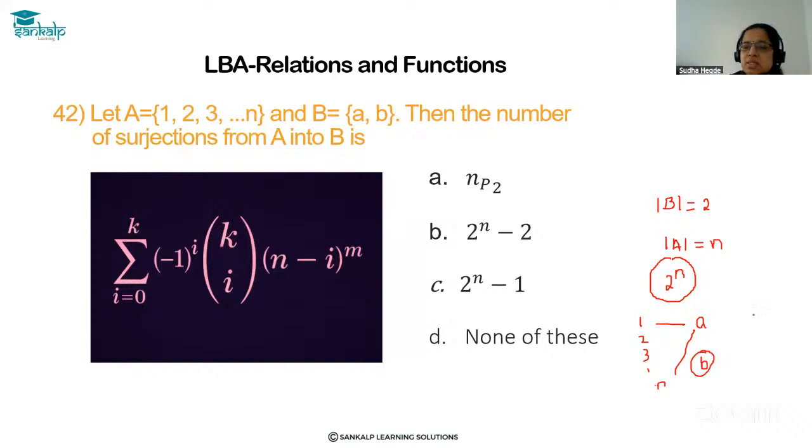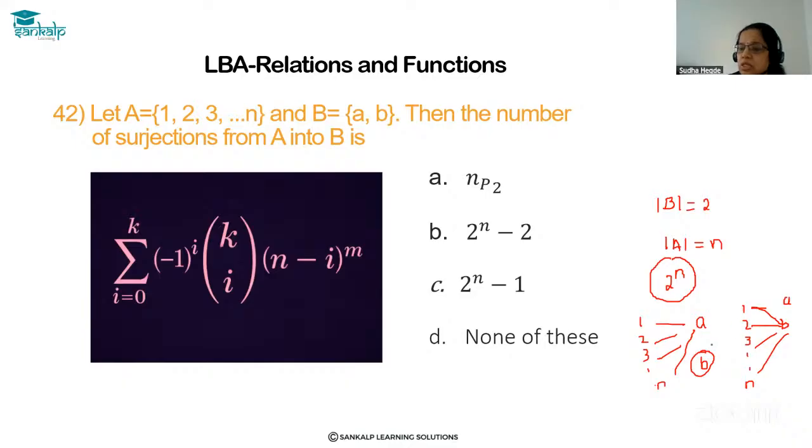So this case, or when all the elements 1, 2, 3, and so on up to n are mapped to b, then a does not have any pre-image, that case.